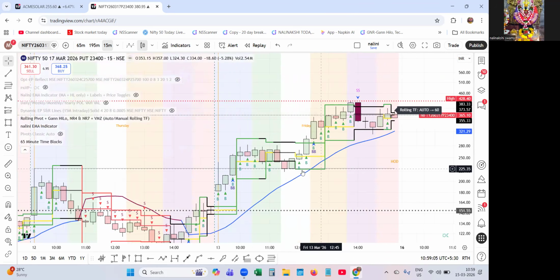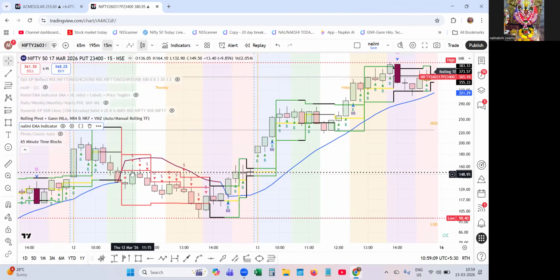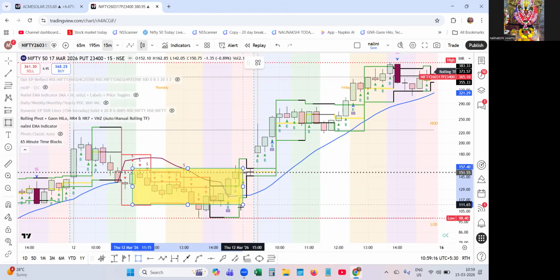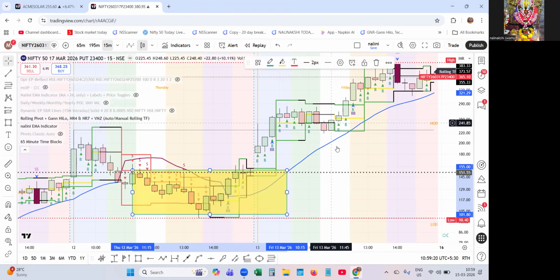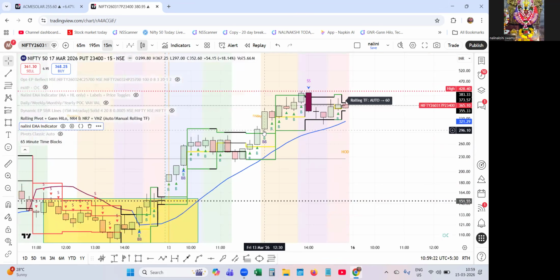This is the midday of the week, and you go back, this is the midday of the previous day. Midday of the previous day, it was in a range and it expanded, and this is the midday. So this is the guideline for you.